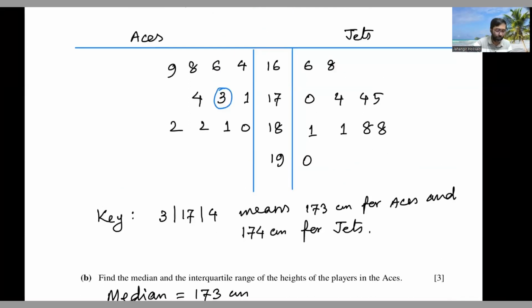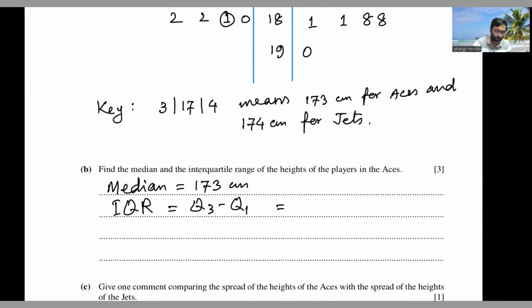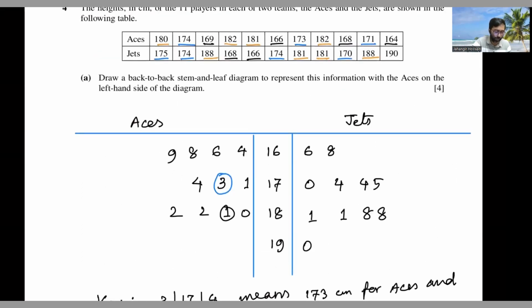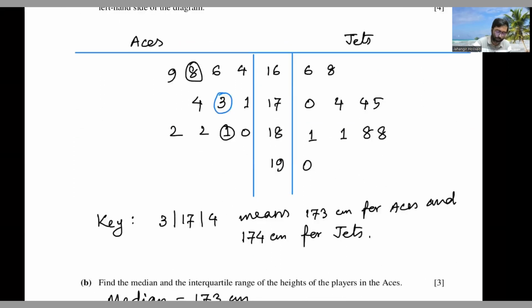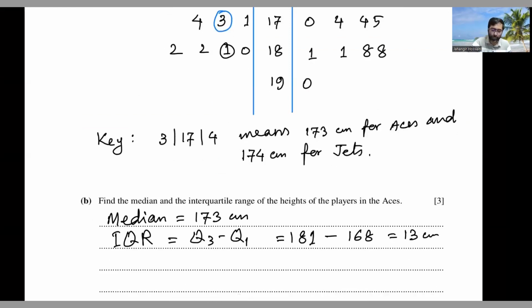Q3 is the middle value of the upper part, higher than 173. There are 5 numbers, and the middle value is the third one. So this is 181, that's Q3. What about Q1? That's the middle value of the lower half, shorter than 173. That should be 168. So the IQR is 13 centimeters. The median is 173 centimeters, IQR 13 centimeters.